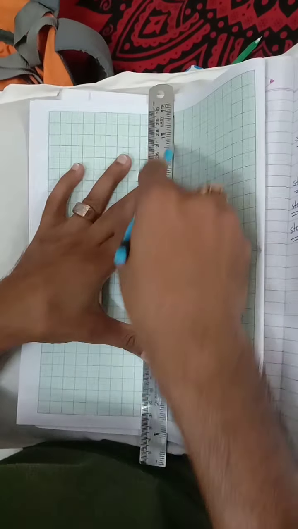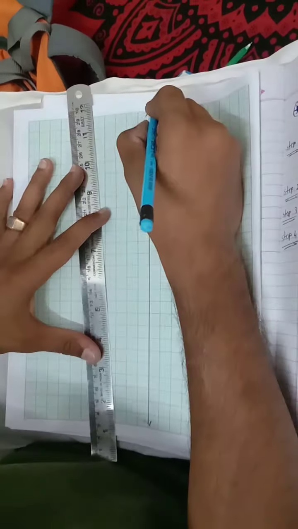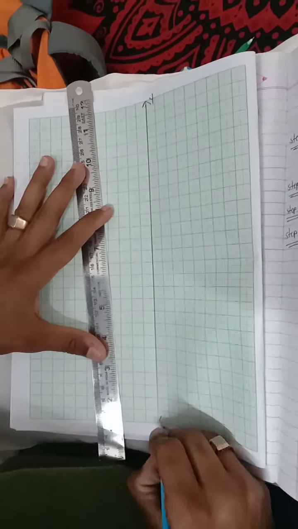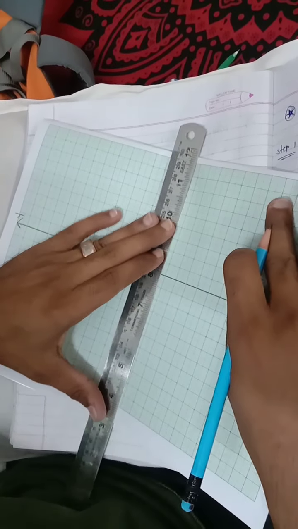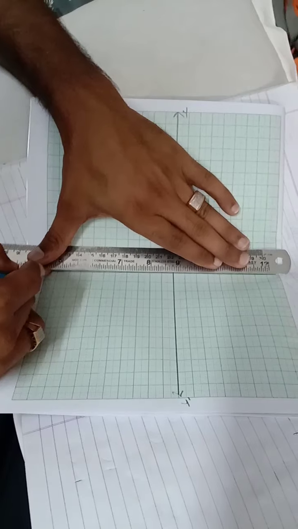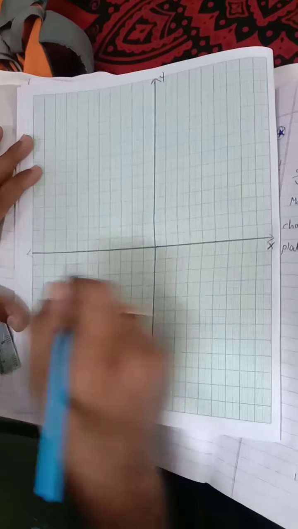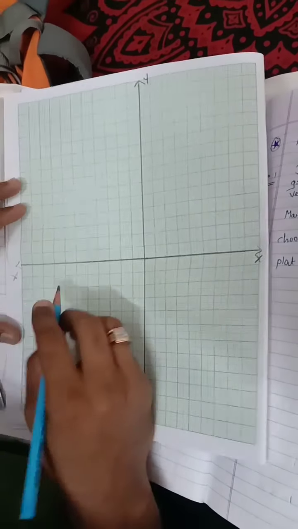It represents the y-axis, as I said. This one is your y and this one is your y dash, negative. Clear? The second one is the horizontal line. It represents the x-axis. This one is your x and this one is your x dash.